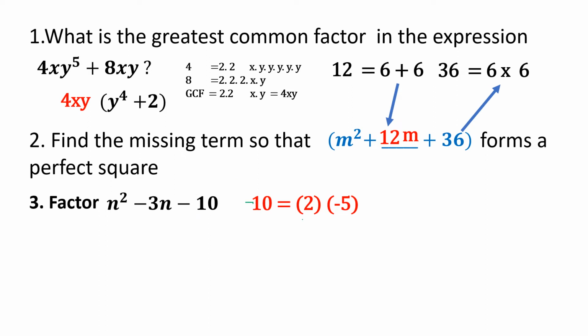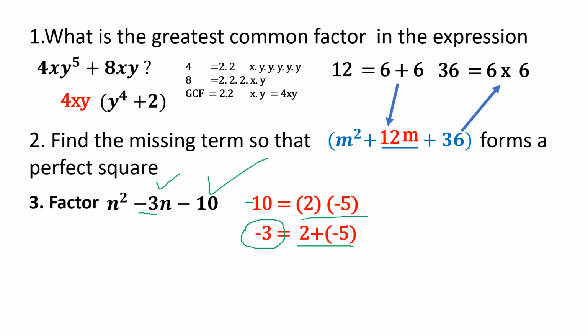And therefore, silang dalawa ay tama para dito. Next natin na hakbang is to add 2 plus negative 5. Kung i-add po natin yung 2 and negative 5, since unlike sign po sila, we just subtract and copy the sign of the bigger number. So, 5 minus 2 is 3, and the sign of the bigger number is negative, so negative 3. And tama po siya dito.